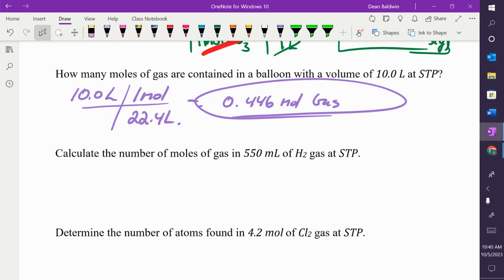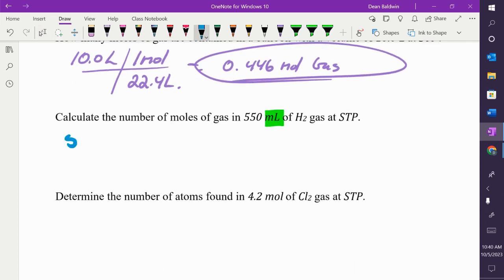Okay. Next one. We're adding one more wrinkle to this. 550 mL of H2 gas. How many moles is that? What's the change here? It's milliliters. All right. So you have to watch the units. The units matter massively.